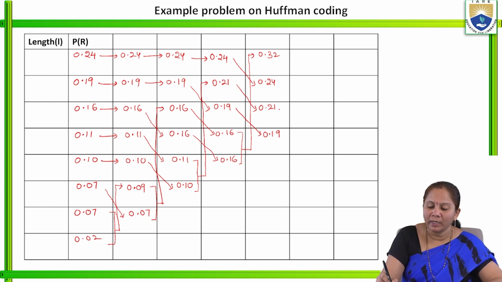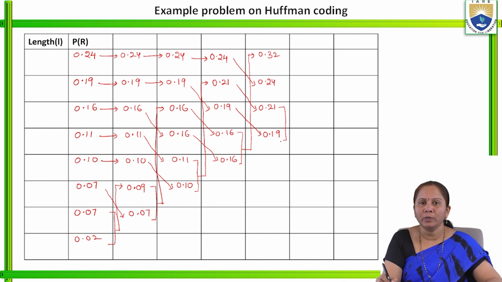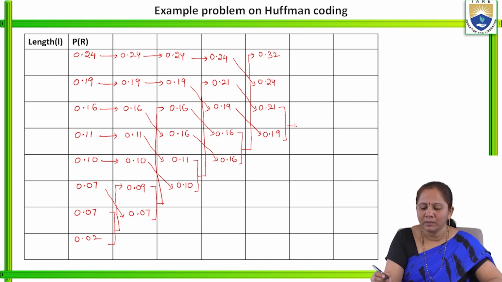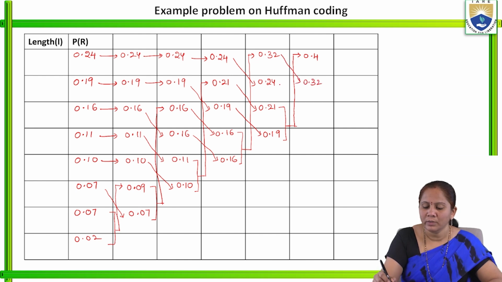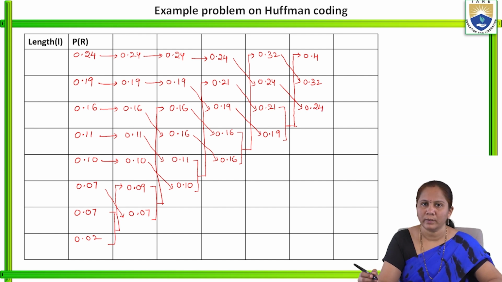Now, again perform the addition operation between the bottom two. So 0.21 plus 0.19 gives 0.4, which is the highest value. So 0.4, and next we have 0.32 and here 0.24.